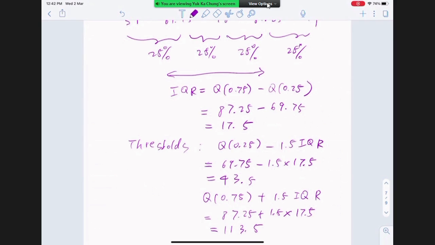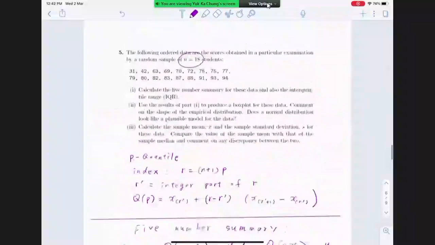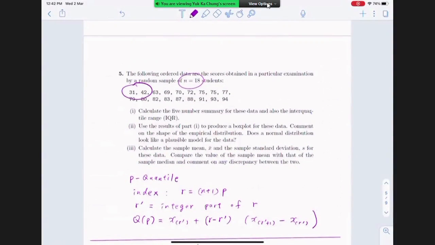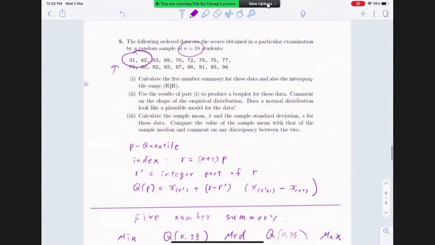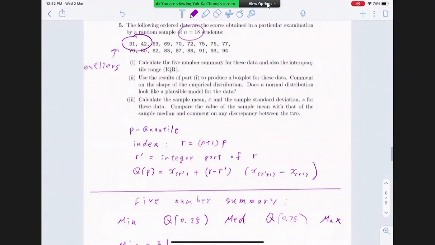And in this data set, we have two numbers. These two numbers are smaller than 43.5, and therefore, these are the outliers. Okay?